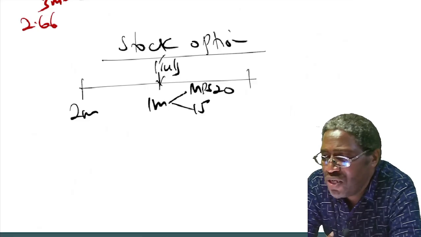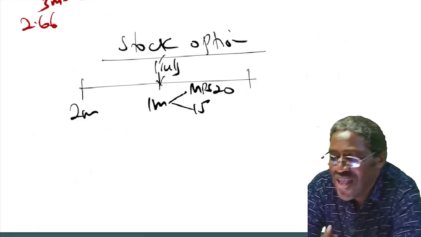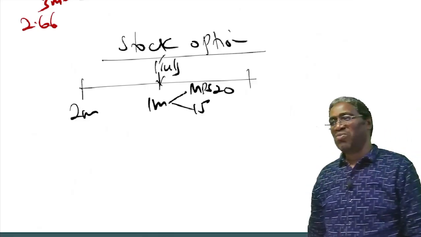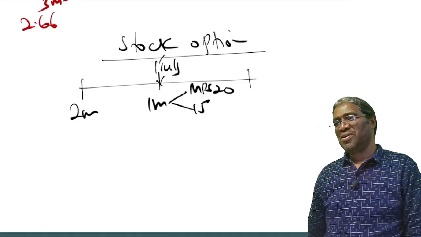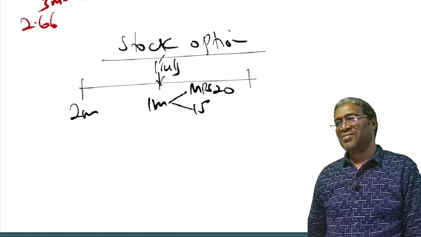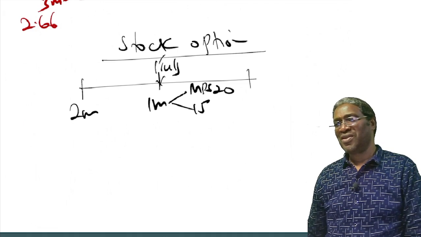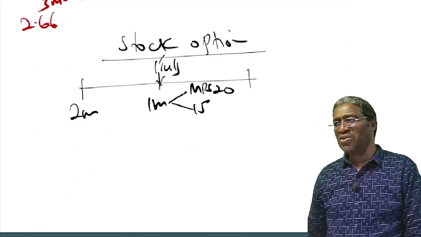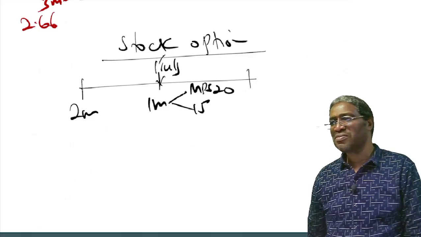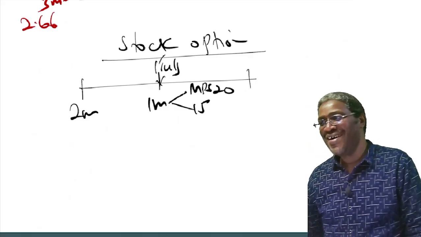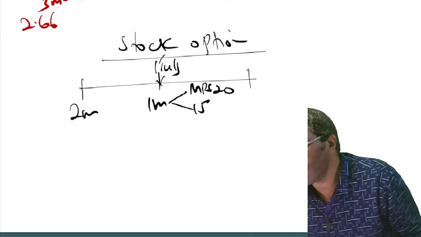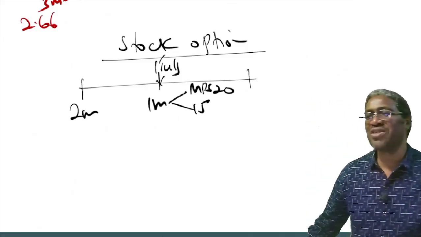Let me hear one more opinion. Aha, 26.25, Paul. Sawa, two people are getting 26.25.